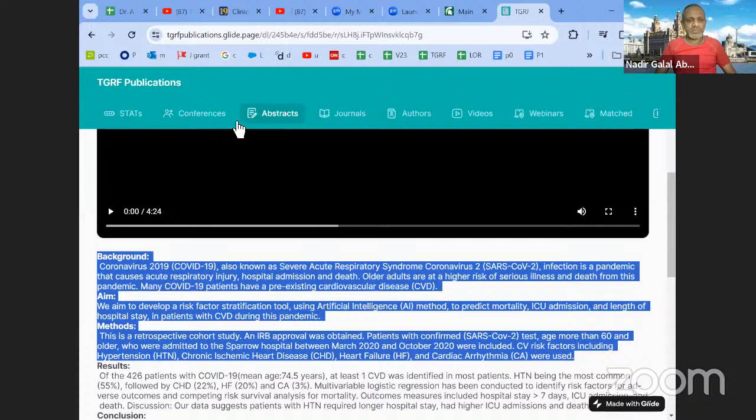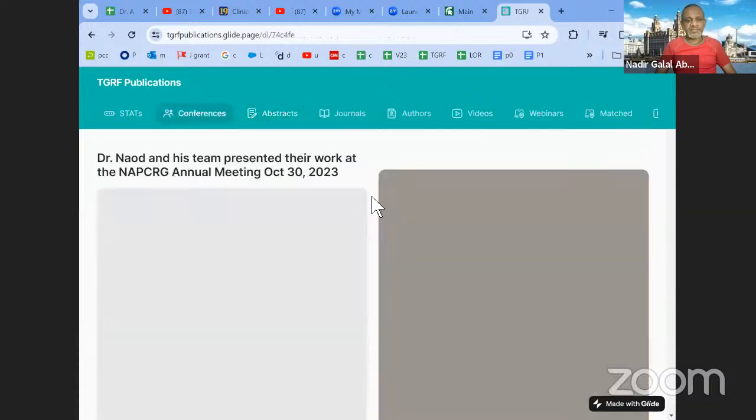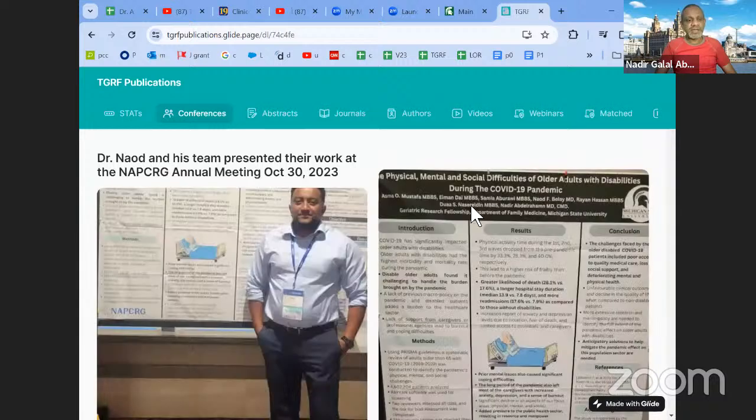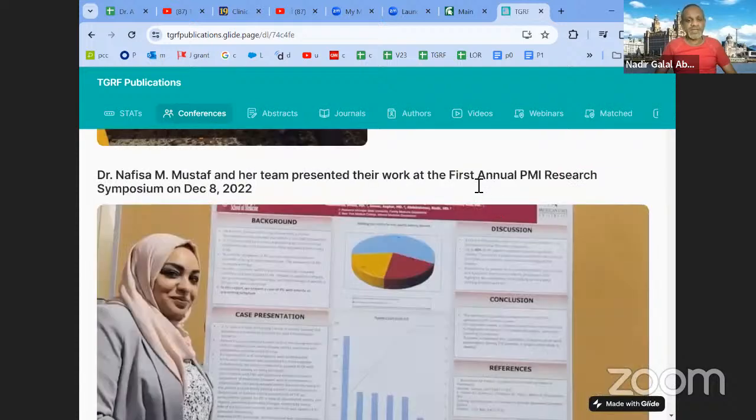The best way is to look at what we did in the past. So we participated in NAPREC, so they can accept our posters in the future, hopefully, because we know we met their requirements, and we can look at their previous abstracts.